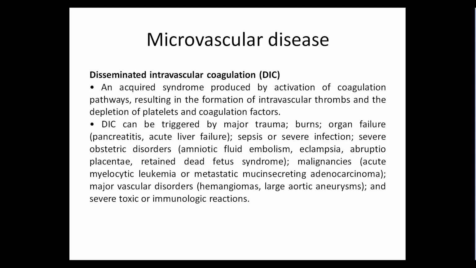Disseminated intravascular coagulation can be triggered by major trauma, burns, organ failure, pancreatitis, acute liver failure, sepsis or severe infection, severe obstetric disorders, malignancies, myelocytic leukemia or metastatic mucin-secreting adenocarcinoma, vascular disorders, and severe toxic or immunological reactions.